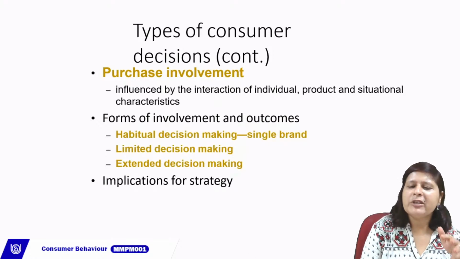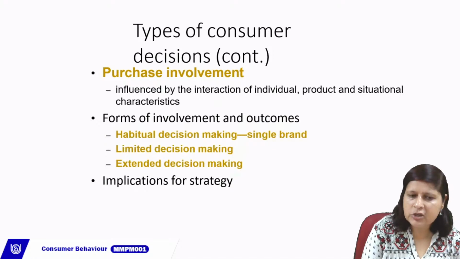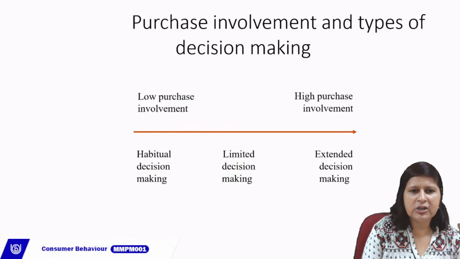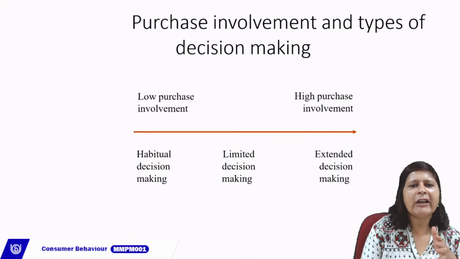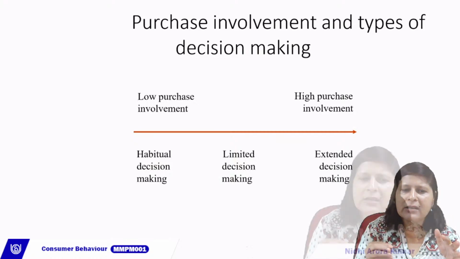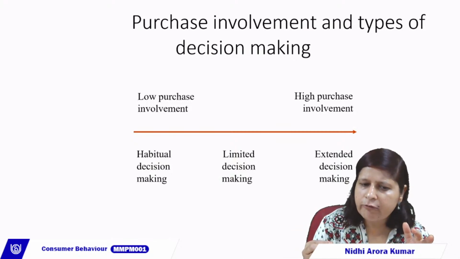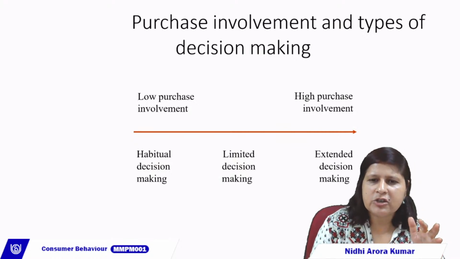That is habitual decision making. The types could be habitual decision making, limited decision making, or extended decision making, right? Purchase involvement and the type of decision making: where there is low purchase involvement, it is a habitual or a limited decision making.